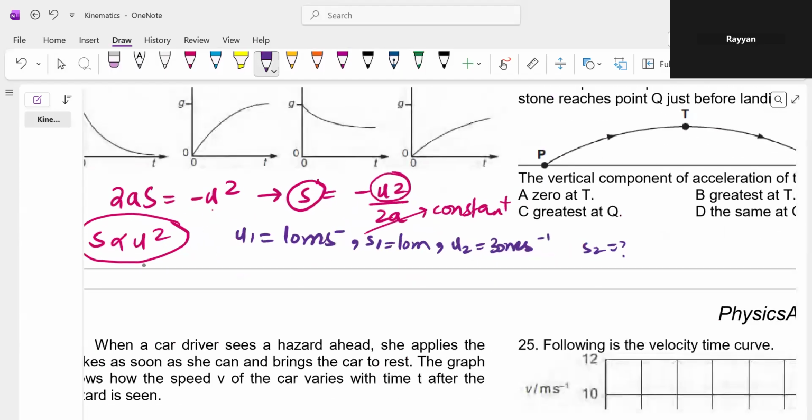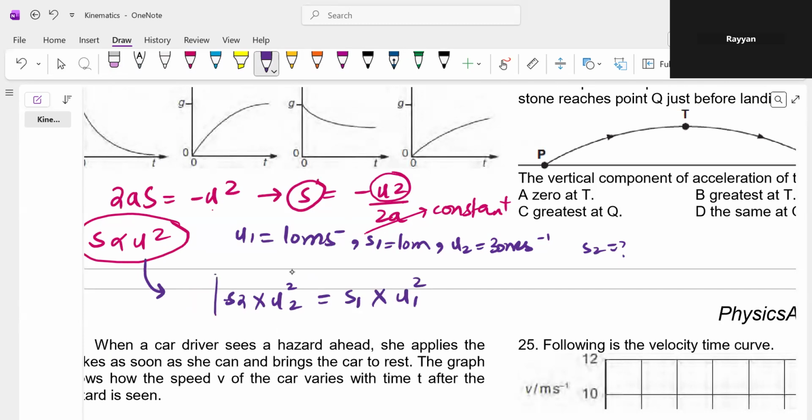You need to find S2, so it will be S1 into U2 square, because S2 goes with U2 square, and S1 multiplies U1 square.